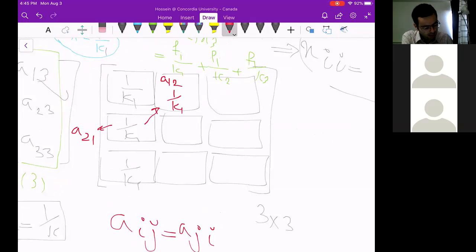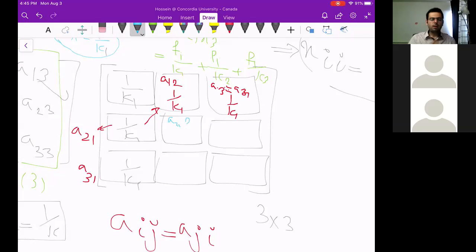And also this one, A13 is equal to A31. We already obtained A31 here, so we are not supposed to go for this one. So just simply 1 over K1. So the second step is just that you have to go for A22. That's it.